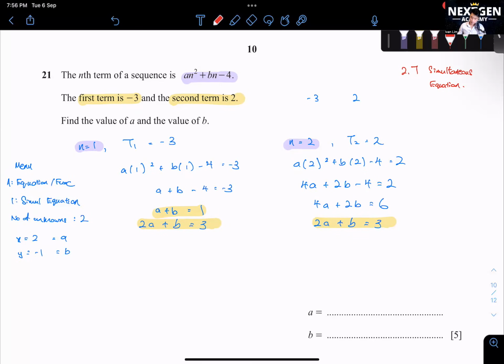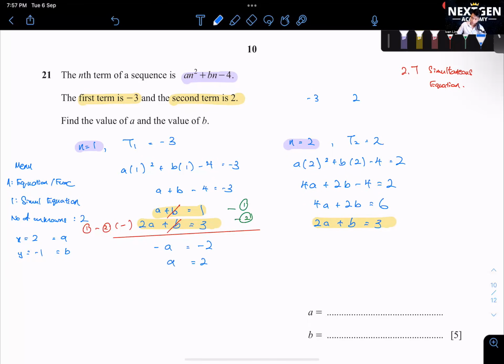Okay, what I'll do here is elimination because it's easy. This is equation 1, equation 2. For elimination, I take equation 1 minus equation 2, because I want to eliminate B. So A minus 2A will be minus A, and 1 minus 3 will be -2.